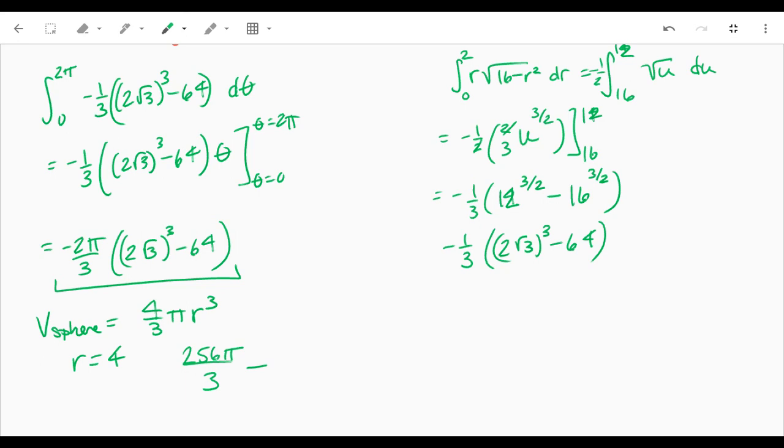Let me see here. It's going to get a little messy here, isn't it? It's going to be minus twice that. Here, I'm going to distribute that. It would be a positive 128 pi over 3 minus 4. Oh boy, it is really getting messy. 2 cubed would be 8.